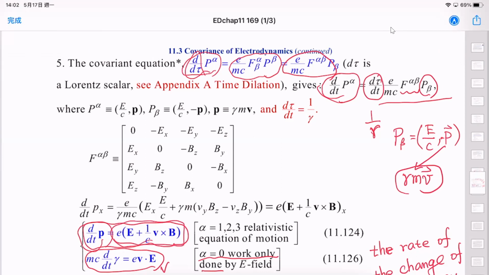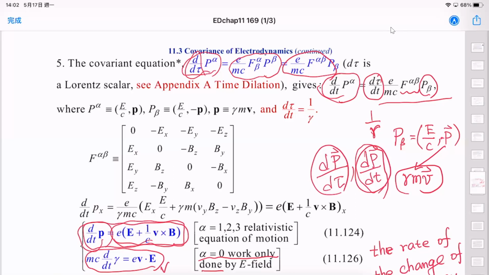So we have two forces. One is, the other is dp over dt. That's the force we know, the normal force. But this force is the Minkowski force. Okay, Minkowski force.